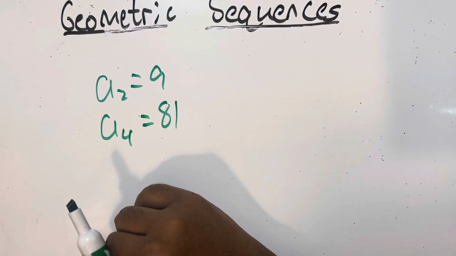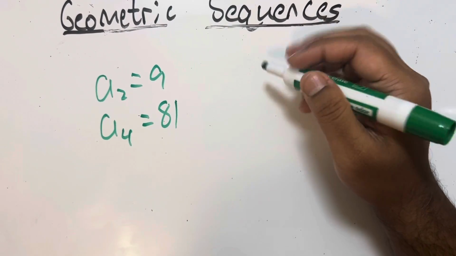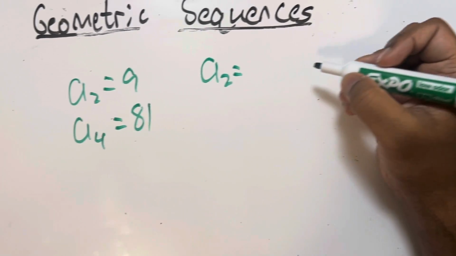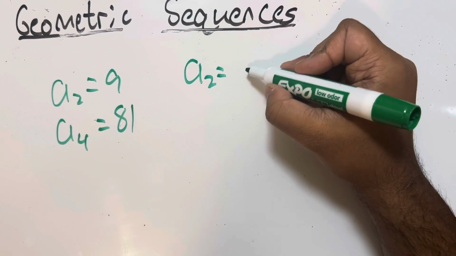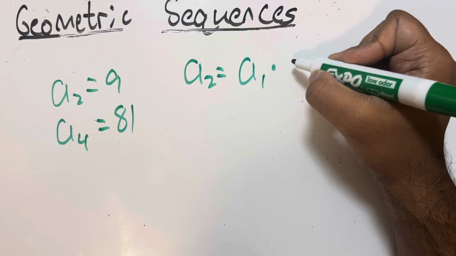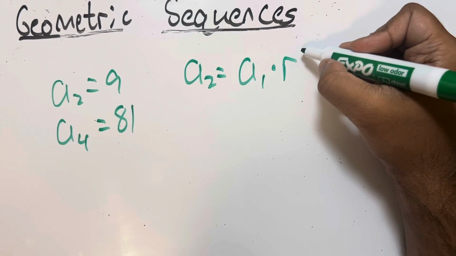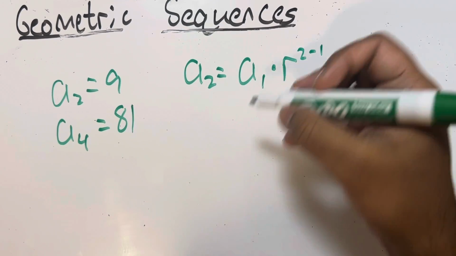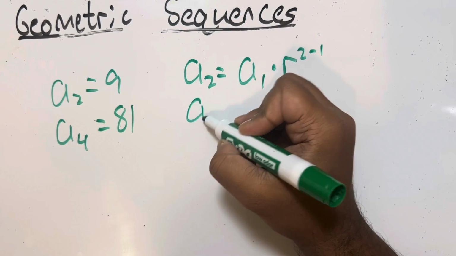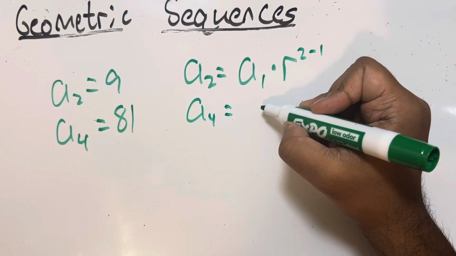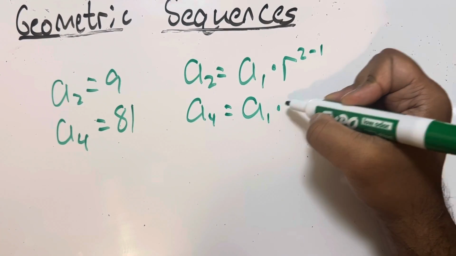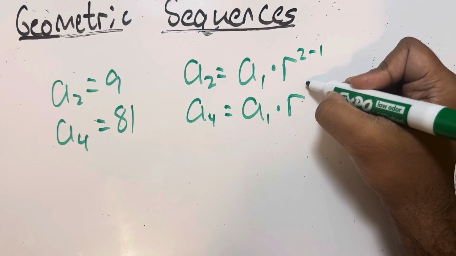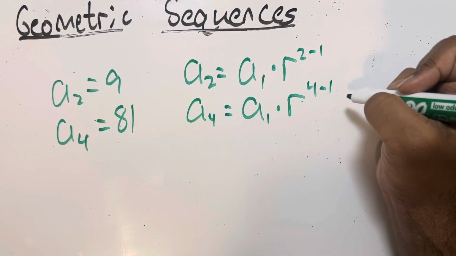How can I do this? Well, what is a of 2? A of 2 is a of 1 times r to the n minus 1, so 2 minus 1. And a of 4 is a of 1 times my ratio r to the 4 minus 1.